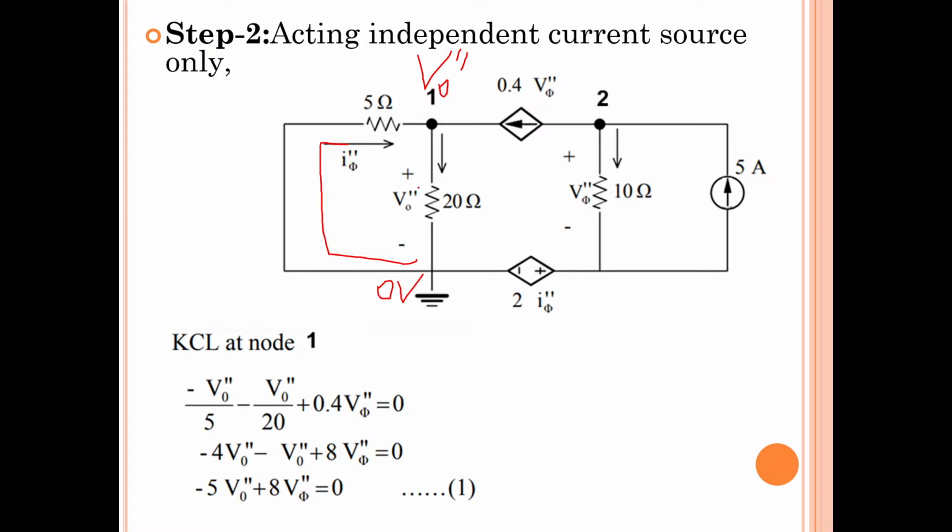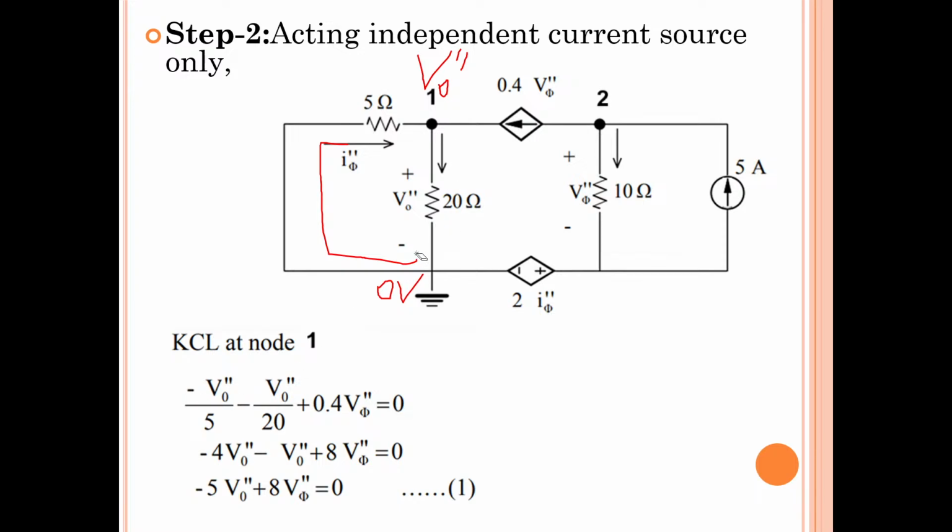So what is the potential difference across the 5 ohms resistor? 0 minus V0 double dash. No need to write the 0, we already know. So 0 minus V0 double dash is minus V0 double dash, V by R, and the R value is 5.